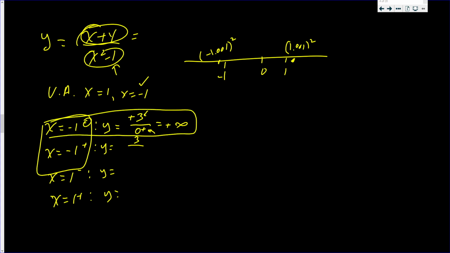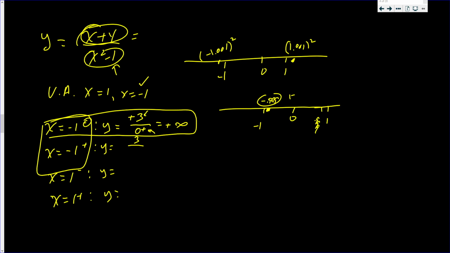What if x is a little bit more than negative 1? Here's negative 1, that's what x is. Say negative 0.999. Well, if you square that number, it's going to be a little bit less than 1. It's the same as squaring 0.999.